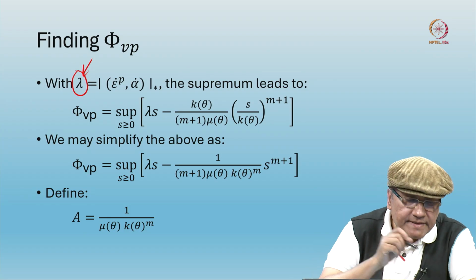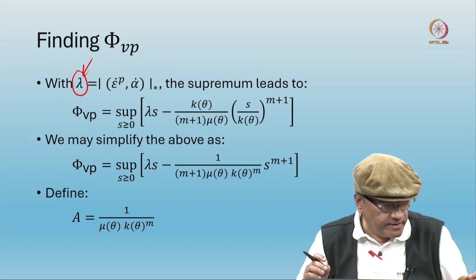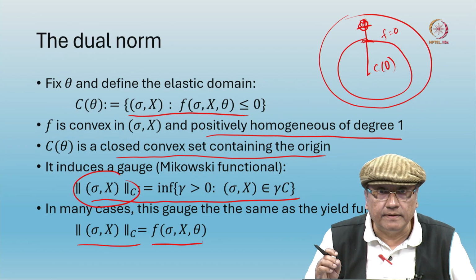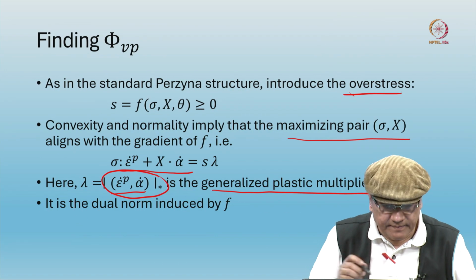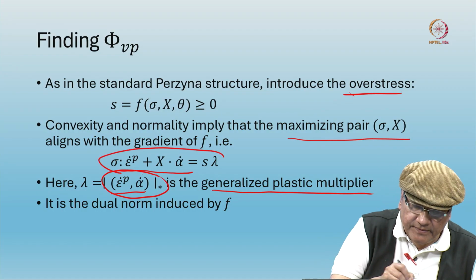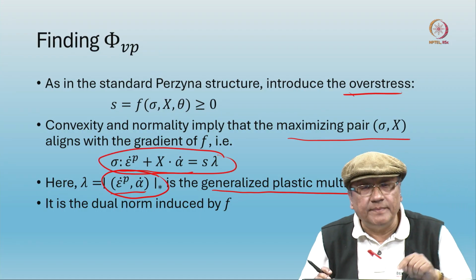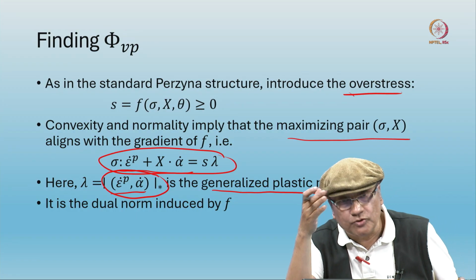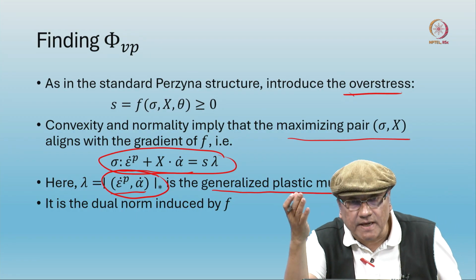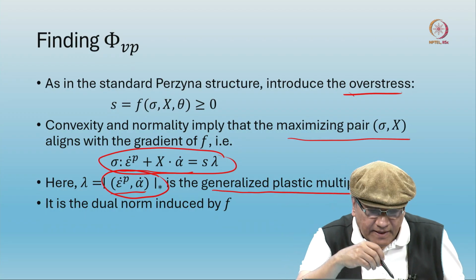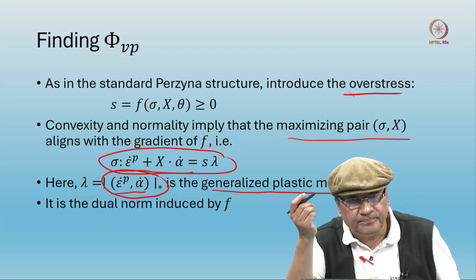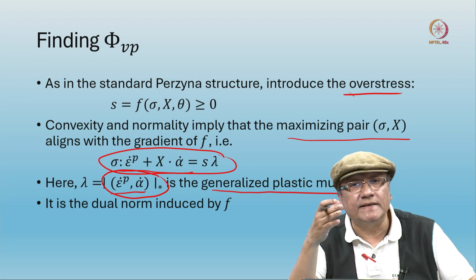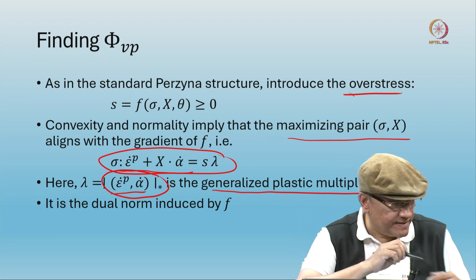Now, if you go back to this particular statement, lambda times S was the overstress, and lambda is the dual norm of the rate type variables. If you multiply these two scalars, you get basically the dissipation corresponding to the rate independent case, right.